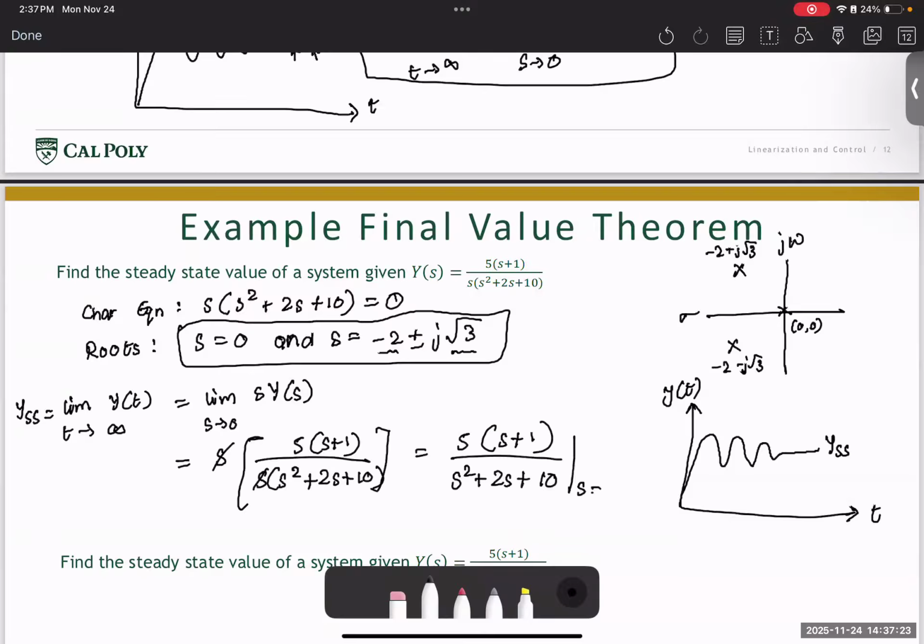As s tends to 0, in the numerator we get 5, and in the denominator we get 0 squared plus 0 plus 10. This would be 5 by 10, or 1 by 2. So the steady state of the system will settle at a value of 1 by 2.